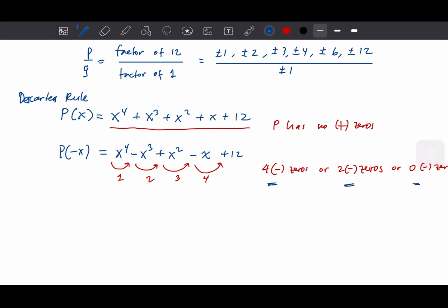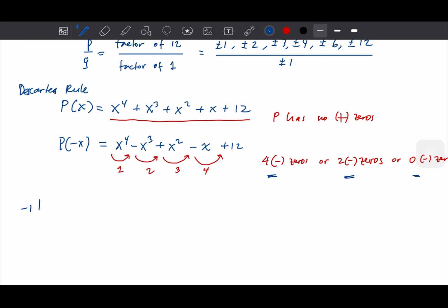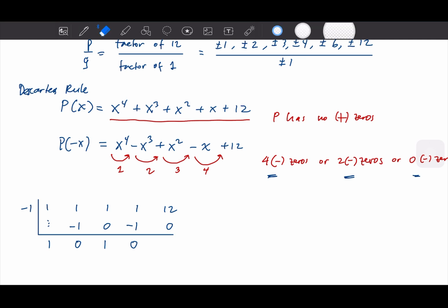So let's try to check only negative numbers. So check negative 1. Okay, I think not okay.